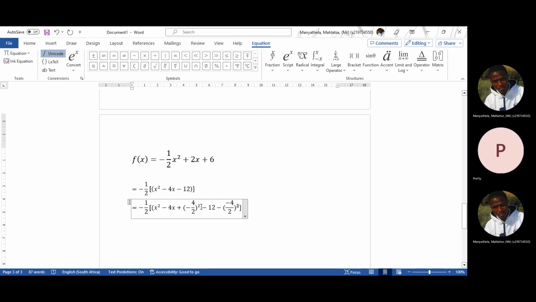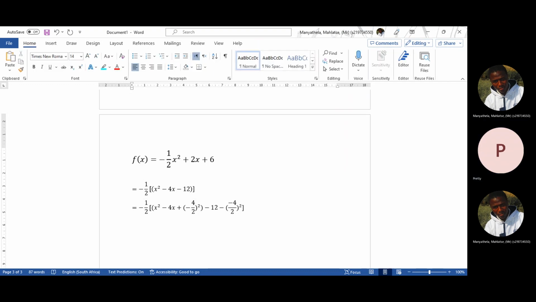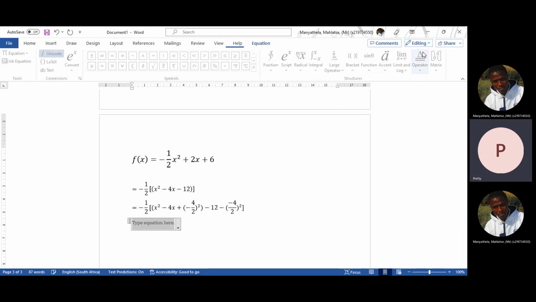Sharp. This part, from x squared until this part, we treat it as an entity. So let's go to the next step. Minus 4 over 2, we will open a bracket and another one, squared. What do you get?